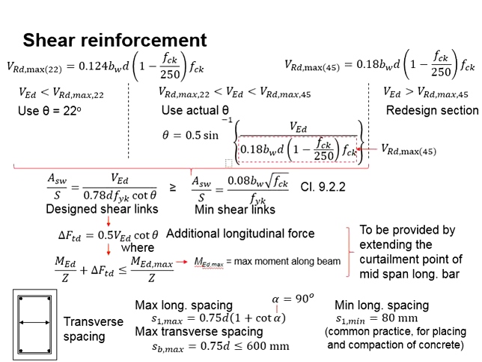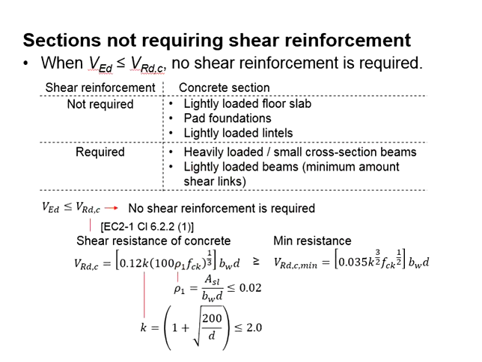To calculate the shear reinforcement, you will need to first determine the shear angle and then design the shear reinforcement accordingly. However, in the case that the cross-sectional area of the concrete is relatively large compared to the shear load, where the concrete alone is sufficient to undertake the shear loads without requiring additional shear reinforcement, then you may use this set of equations.